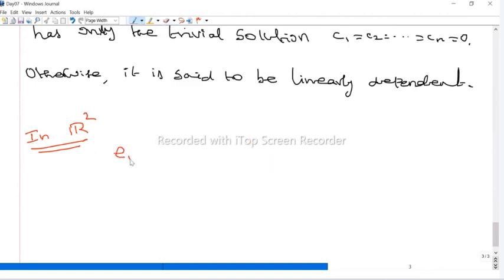So e1 means the first position is 1 and all other positions are 0. But since we are in R2, there are only two positions: 1 and 0. And take e2 as 0 and 1. We are going to show that e1 and e2, which are elements of R2, are linearly independent.